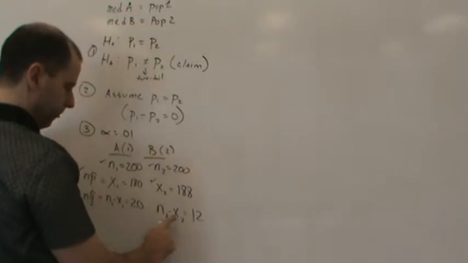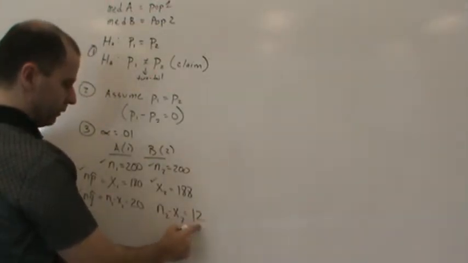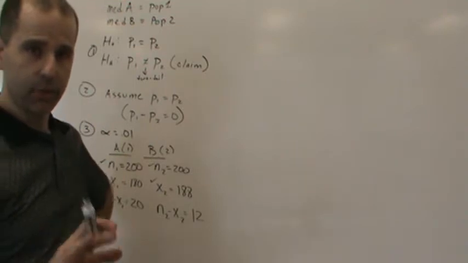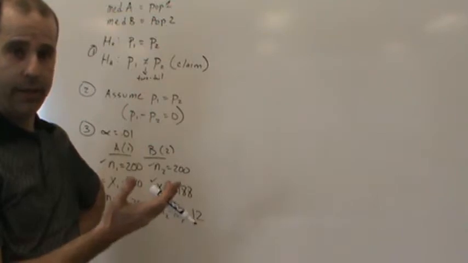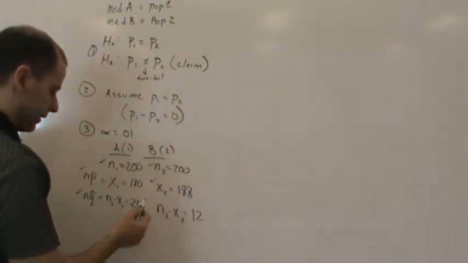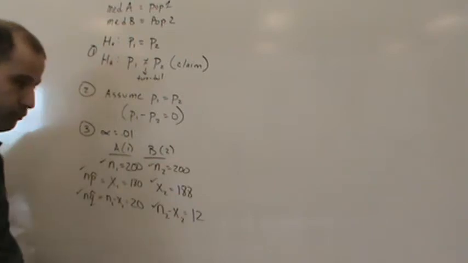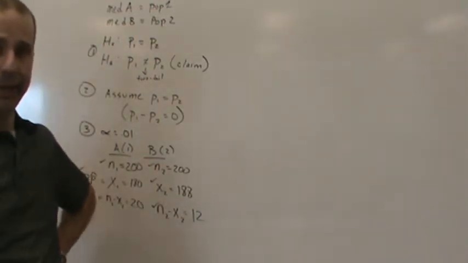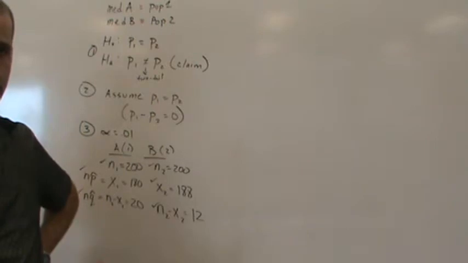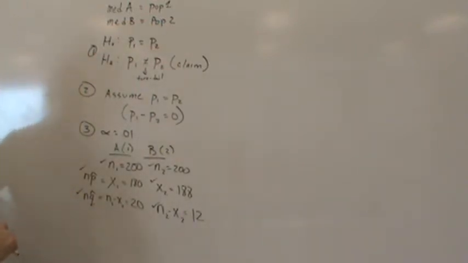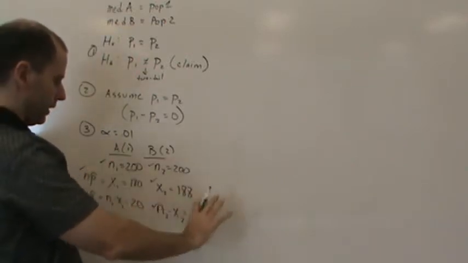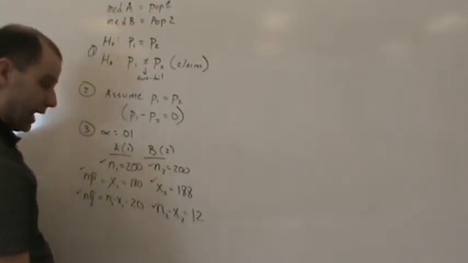Now here, the expected number of failures is 12, but here's where I'm just going to let you know that this textbook is using 10 as the minimum, not 15. So I'm going to go ahead and check this off as check. But again, we're using 15. A lot of textbooks use 10, but I've seen some textbooks use 15, and I guess we're using 15 for this class. But anyway, just keep that in mind. So anyway, I'm going to consider all of the conditions satisfied.